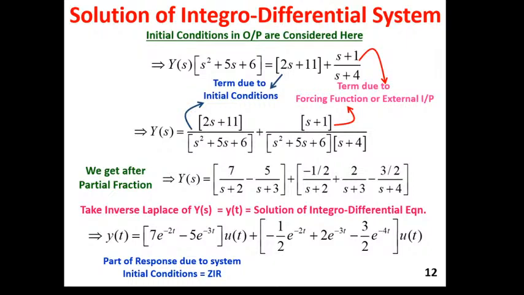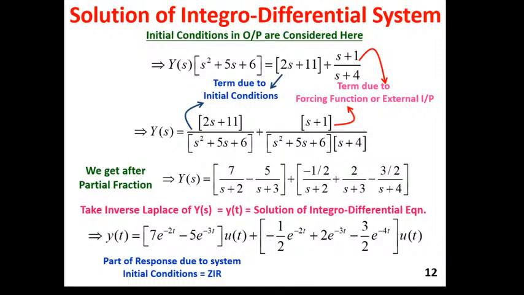So this 7 e raised to minus 2t minus 5 e raised to minus 3t response is produced by the initially stored energy in the system. It's an RLC system, so an RLC system has two energy storing elements, one inductor, one capacitor. Whatever energy was stored in this inductor and capacitor is responsible for producing this zero input response.